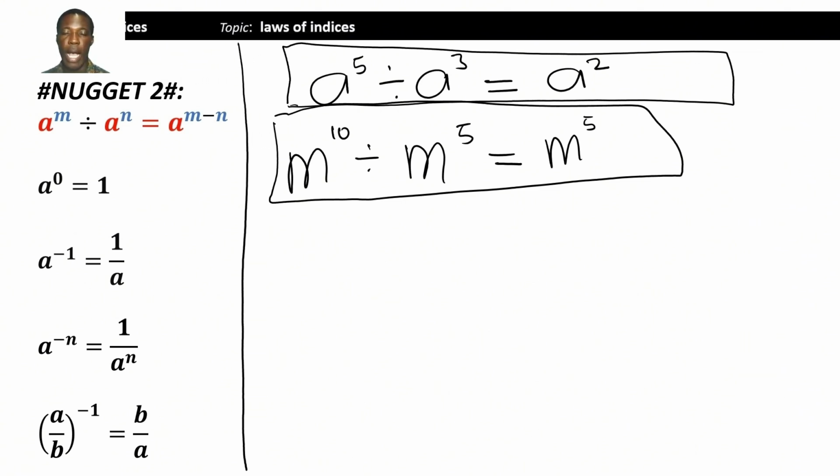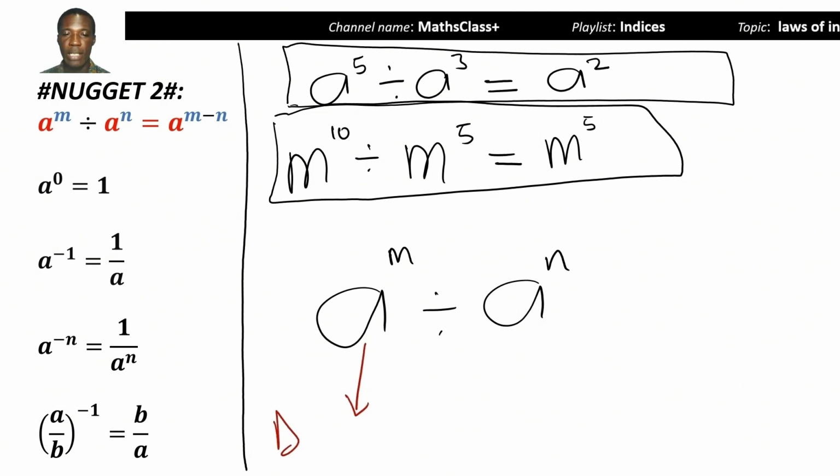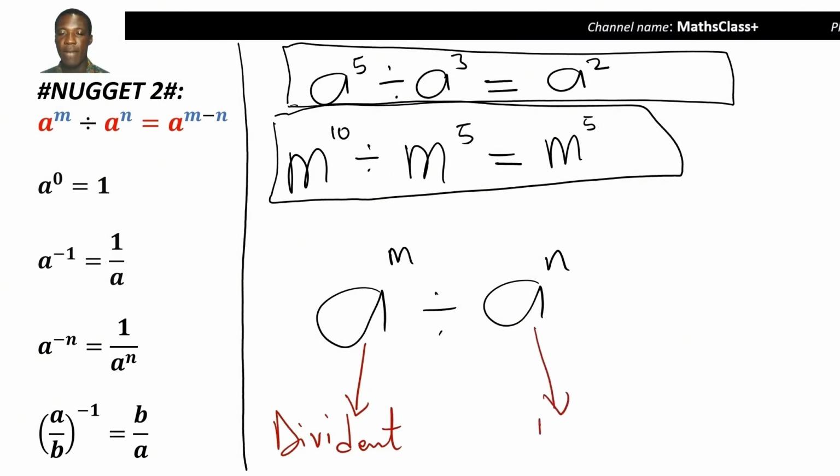So I have this being divided by this. So this becomes the dividend, the number being divided. And then this is the divisor, the number that is dividing the other.